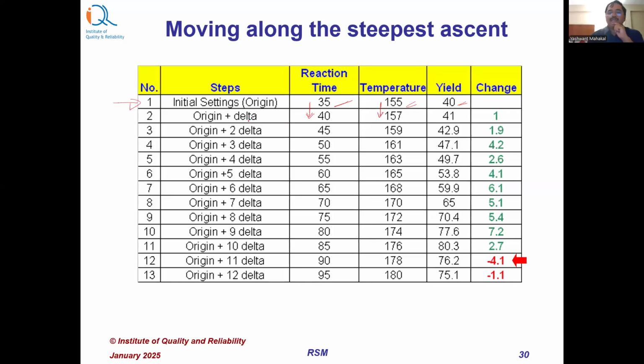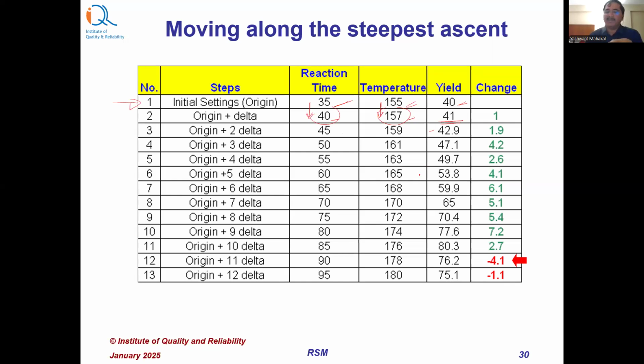So this is the origin plus 1 times delta, which is 5 here and 2 here. You conduct this trial and see the yield here. Okay, so you proceed further and look for any change in the response.